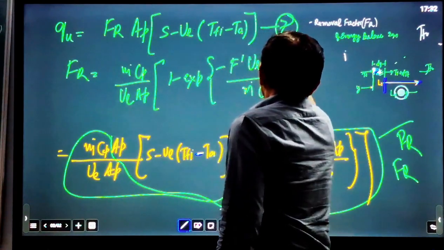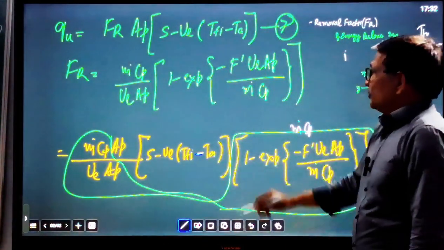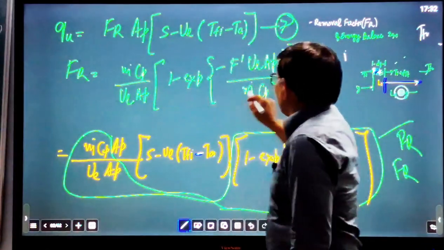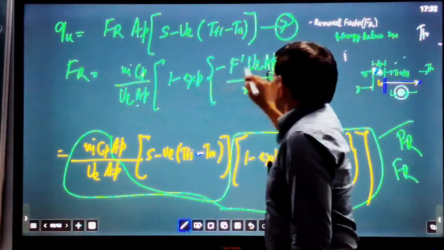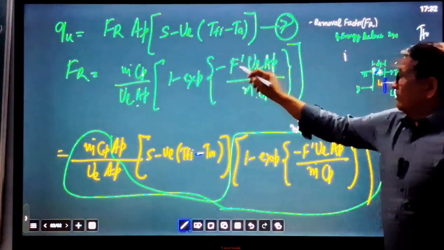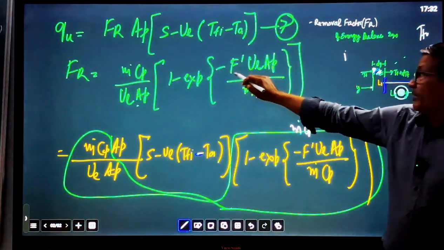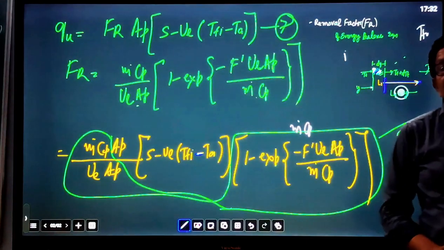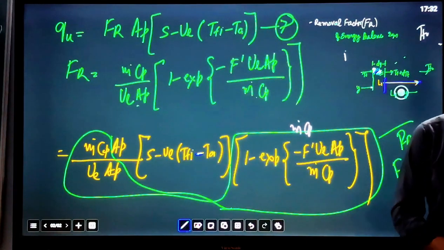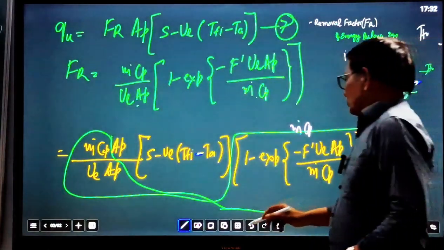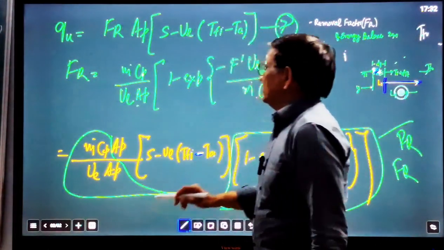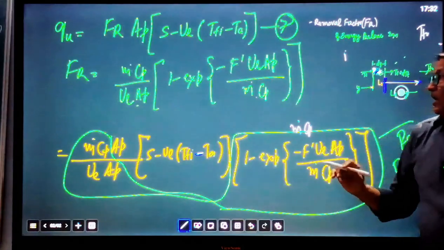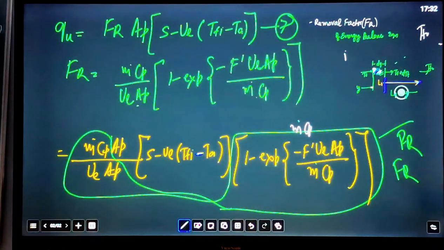It is easy to remember because you see m dot Cp, m dot Cp, UL AP, UL AP. The only thing is it is multiplied here by the collector efficiency factor. So remembering the collector heat removal factor equation is easier compared to the collector efficiency factor. I think this is the final derivation, and finally we have defined the collector heat removal factor.